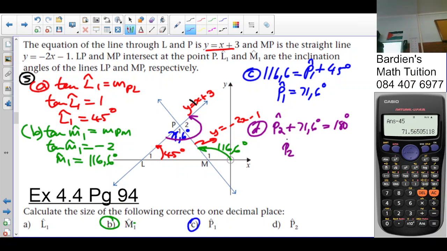So angle P2 is going to be 180 minus that angle of 71,6 which gives us an angle of 108.4. So 108,4 degrees is your P2. Okay. Any confusion there?